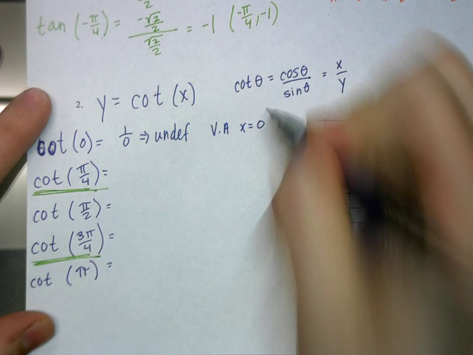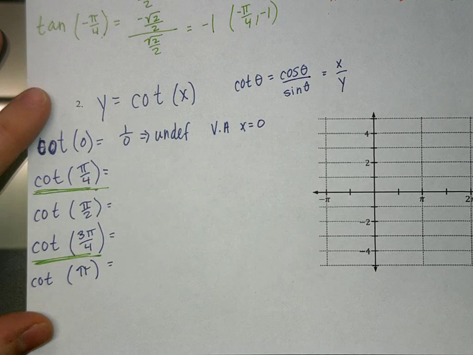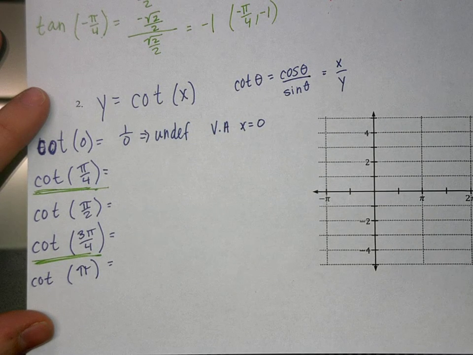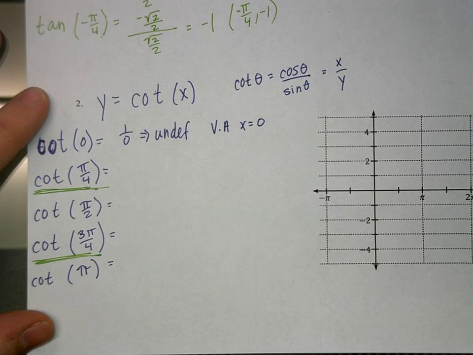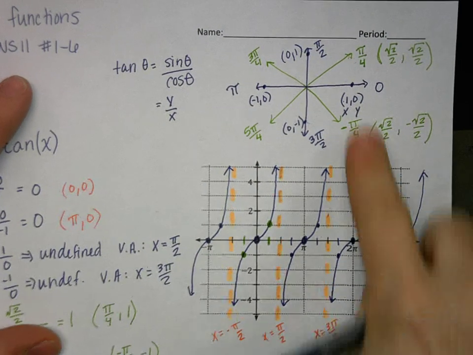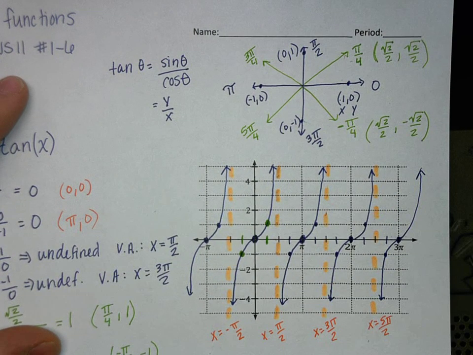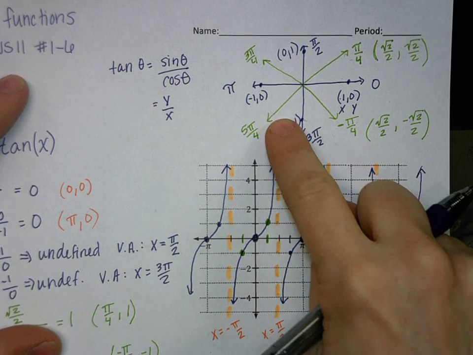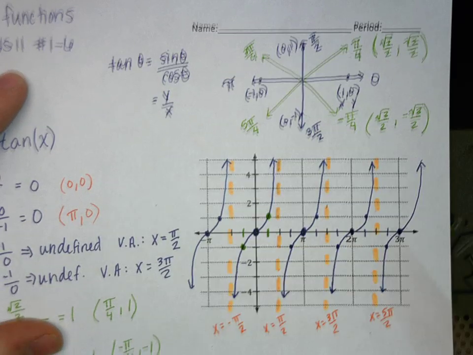Where else do I have a vertical asymptote? Pi. Very good. So if you go up and look here, where else is x over y equal to something over 0? At pi, negative 1 over 0.